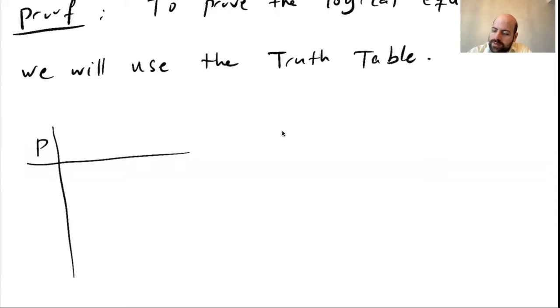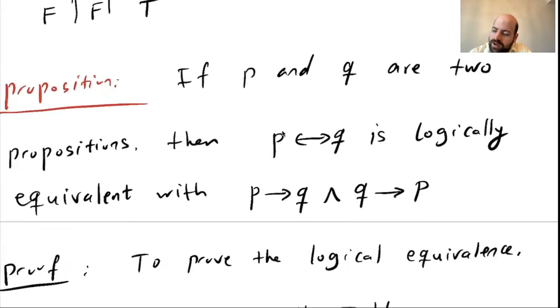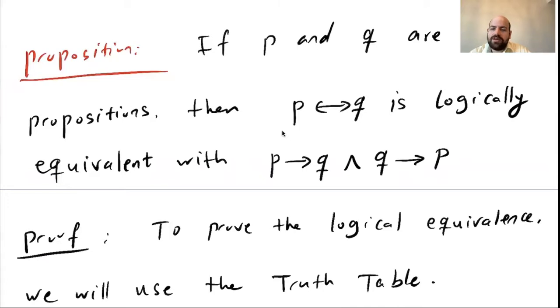So here is P, here is Q, and then I have P if and only if Q. And for the other one, in order to construct the column corresponding to this, I need one column for P implies Q, one column for Q implies P, and then one column for the conjunction of these two.